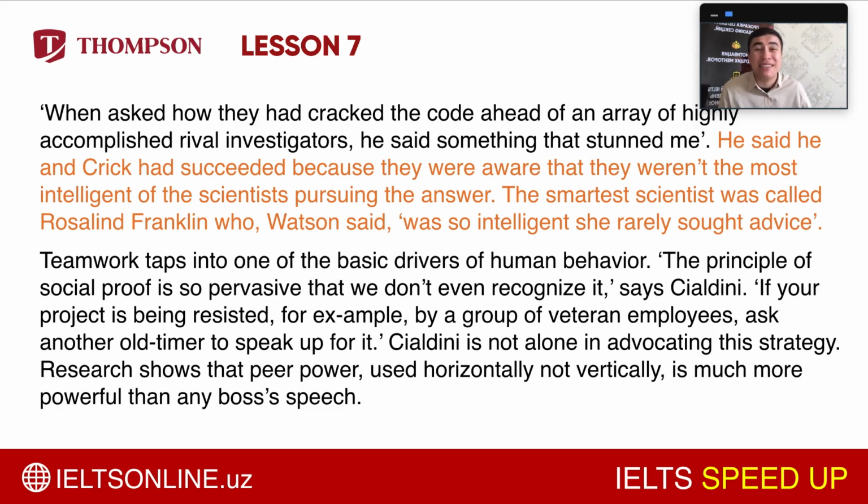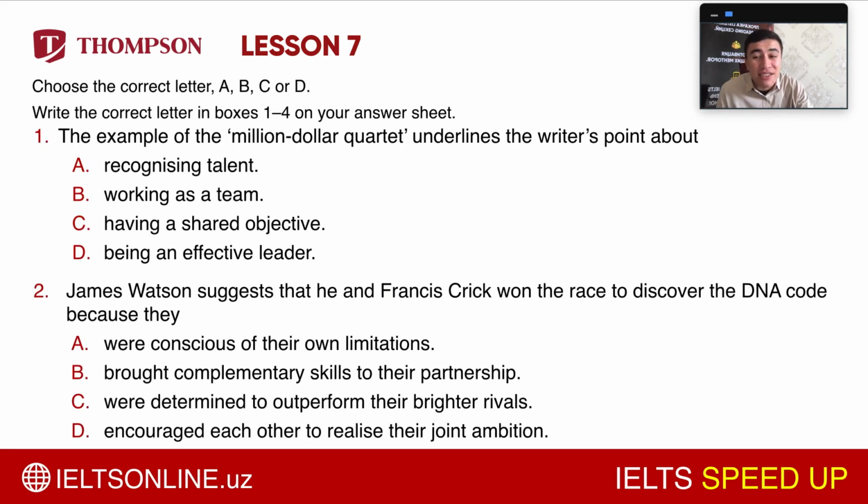So they knew their limits. Okay, the answer is A. They knew that they are not the smartest, so there are other scientists smarter than them, and they are not needed in any advice, but they should work really hard. So the answer is A.